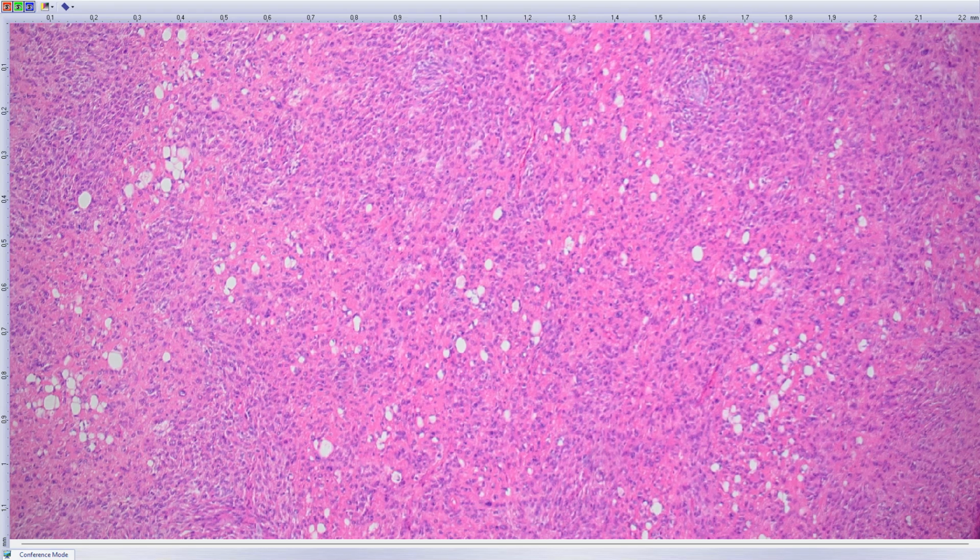Okay, so the tumor was positive for S100 protein. It was stained also by antibodies for P40 and P63 and SOX10, and mitochondrial antigen.